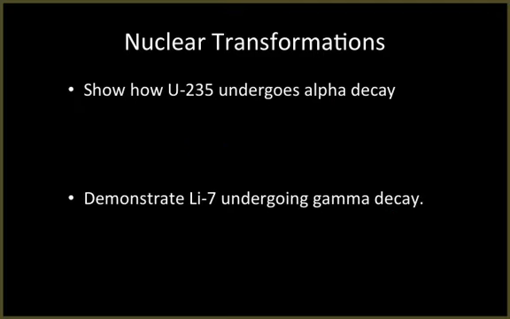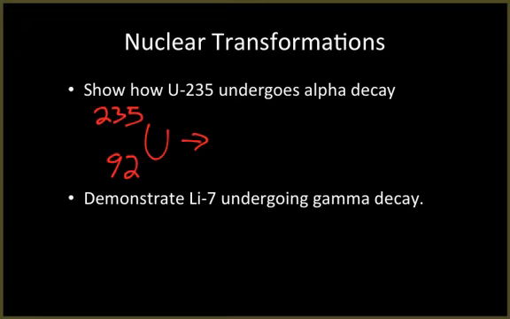All right? So again, we're going to take a look at a couple more nuclear transformations. We're going to start off with show how uranium-235 undergoes alpha decay. So again, start off with uranium-235. We got 235 as our mass number. 92 is our atomic number, and uranium is U. Draw our arrow.